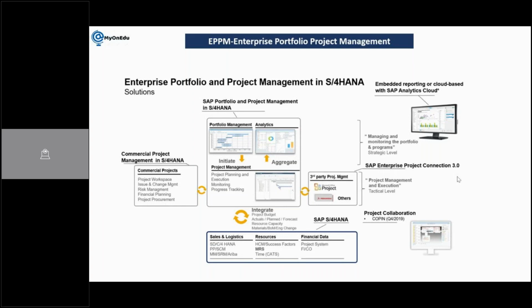If you see in this slide, SAP project system is integrated with all basic modules like financial FICO, material management, sales and distribution, HCM, and other modules. And then project system is tightly integrated with PPM and CPM and EPC.